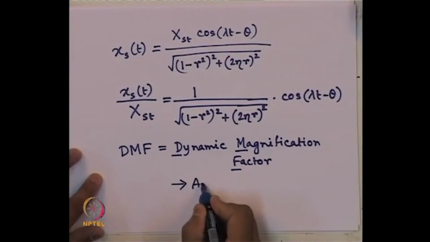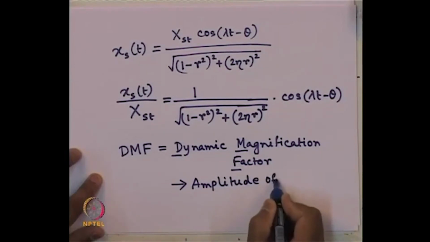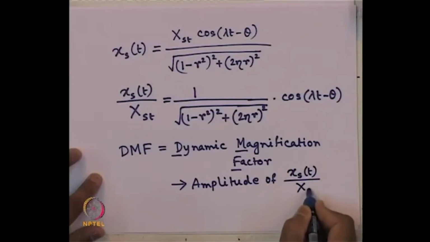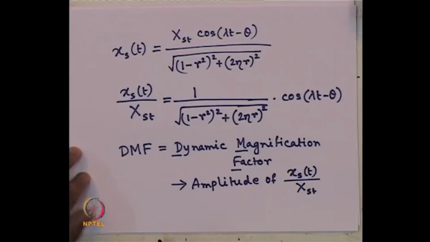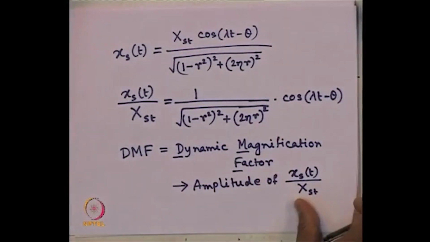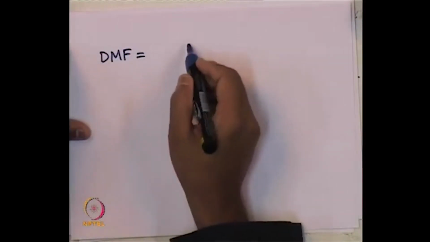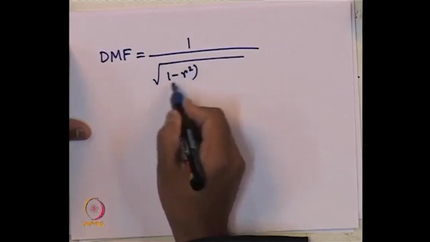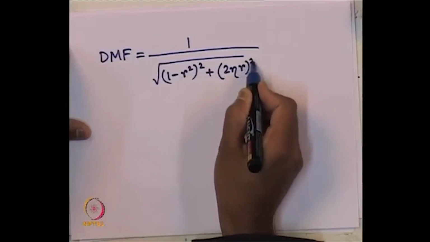It is the amplitude of this ratio of steady state displacement to the static displacement. So, what is the expression for dynamic magnification factor? This one. So, let us write that. DMF is given by the expression 1 by root over 1 minus r square whole square plus 2 eta r whole square.